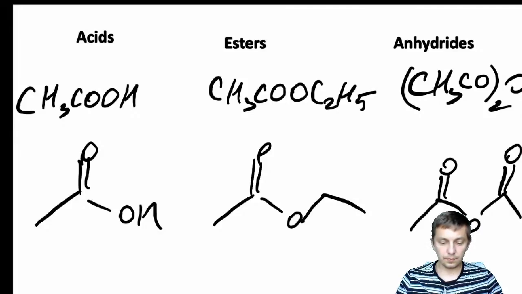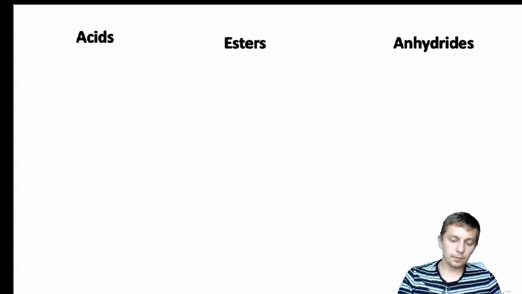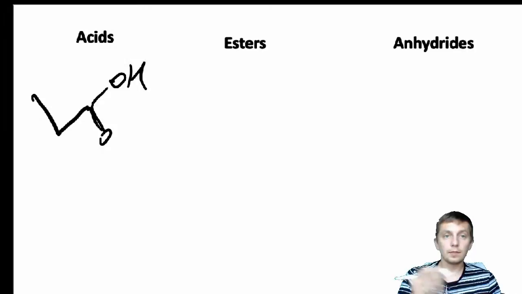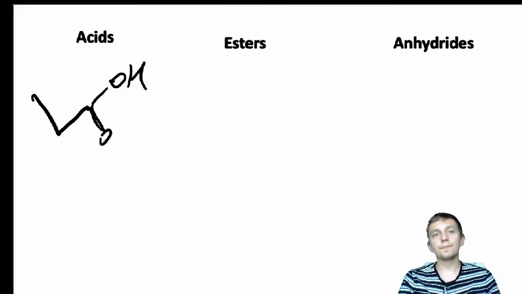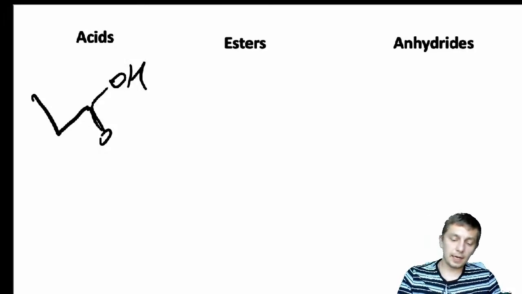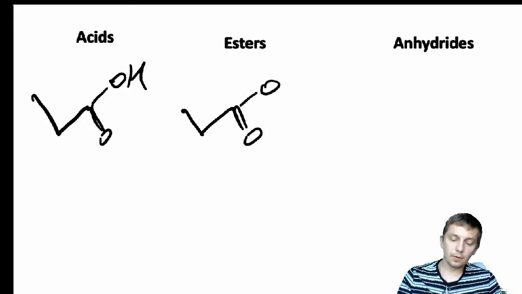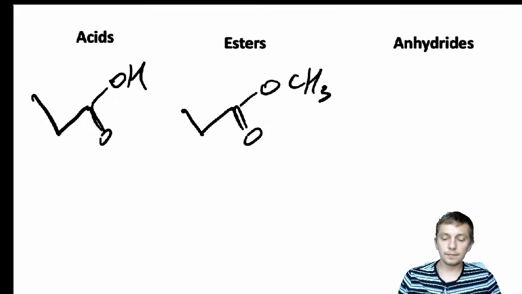Another example: we have propanoic acid. It has the same acidic group. This acid can react, for example, with methanol and form the methyl ester, and this acid can also form anhydrides.